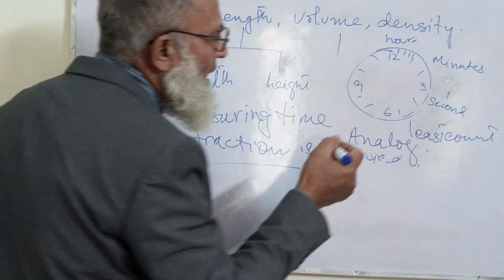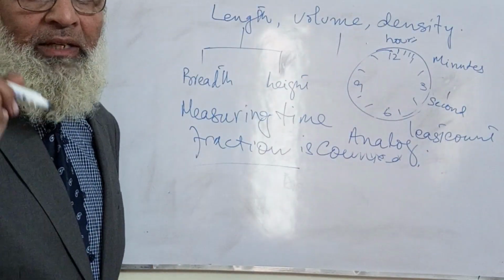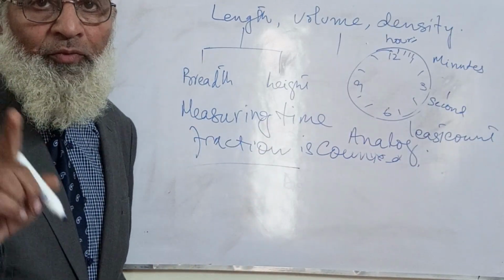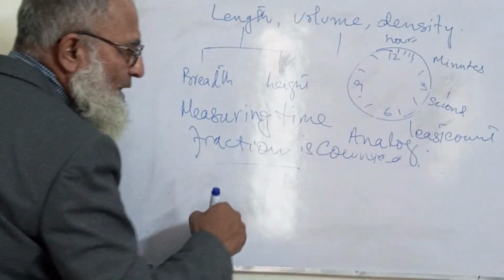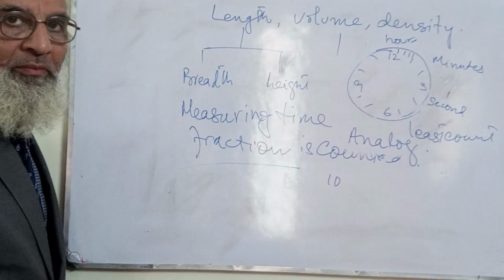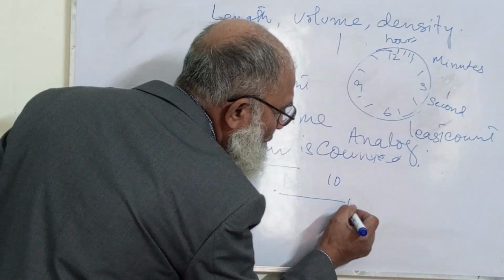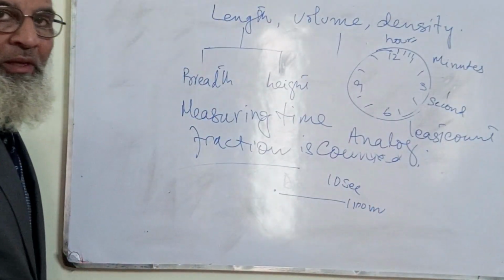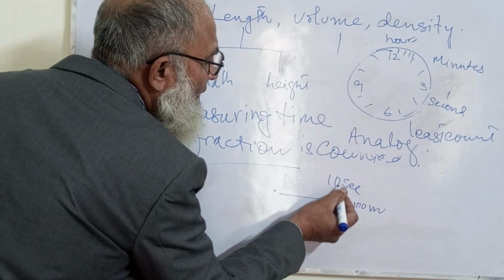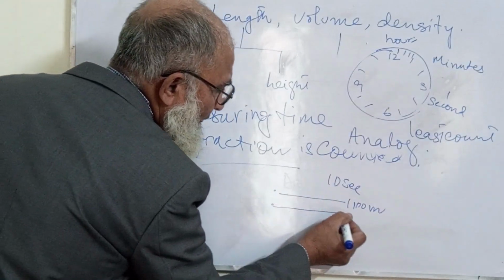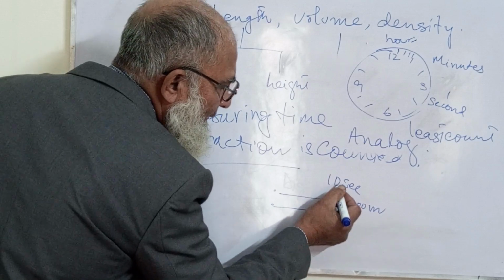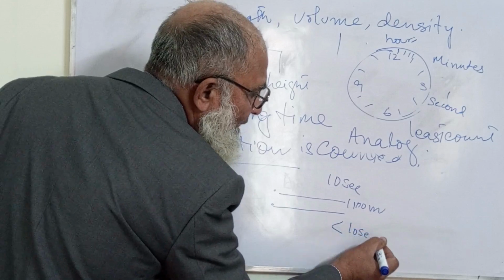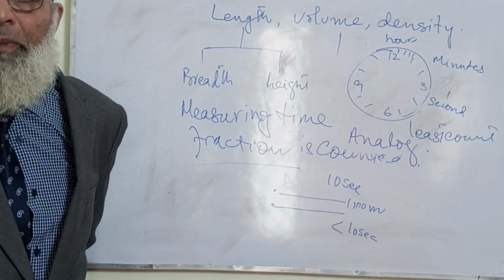But there is a disadvantage. For example, when a sprinter sprints for 100 meters, if one sprinter takes 10 seconds to reach from the 0 point to the 100-meter point, and the other sprinter takes less than 10 seconds, we cannot measure the two.